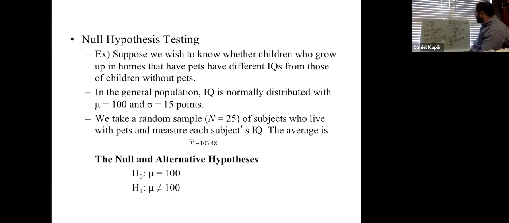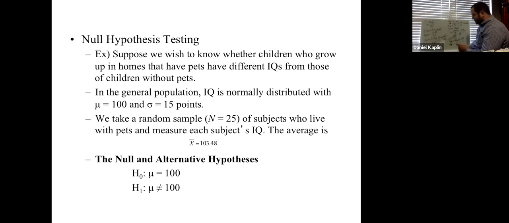If we accept the null, we say that our sample of IQ, 25 people at IQ of 103.48, were not significantly different than the population of 100. So, and then you're going to write that here. I don't have enough space. So we would say the sample, which had an IQ of 103.48, was not statistically significant than the population mean of IQ of 100. Did not meet or exceed the critical value.